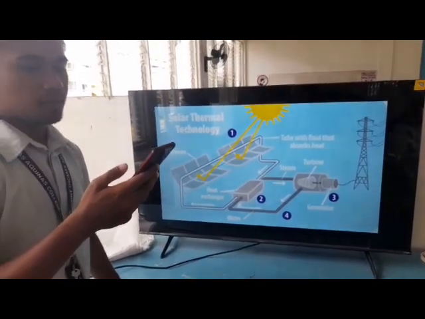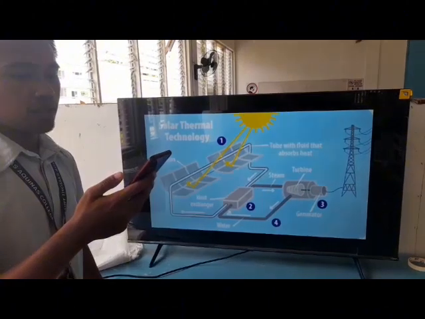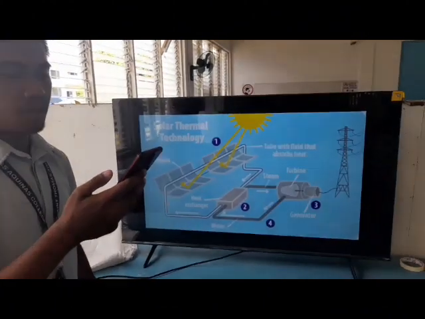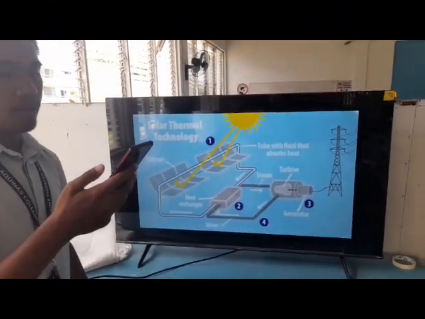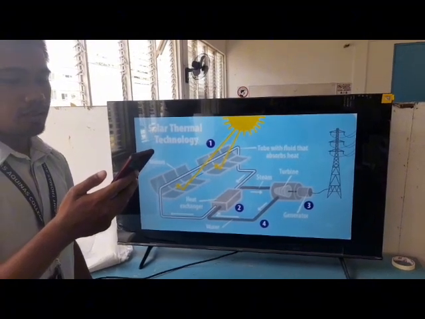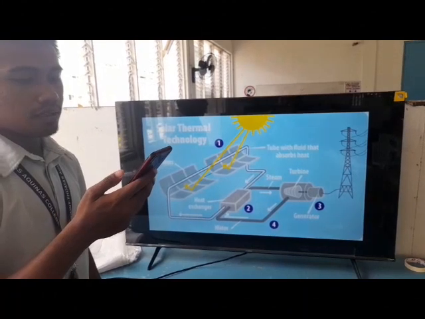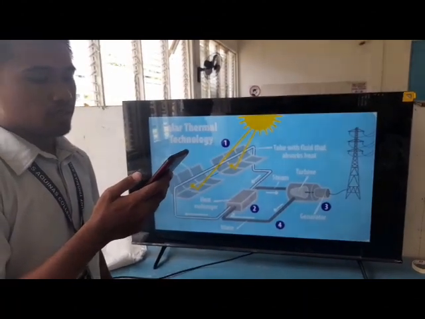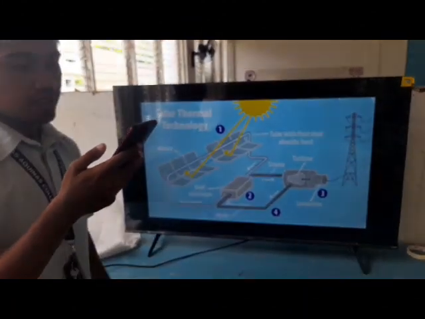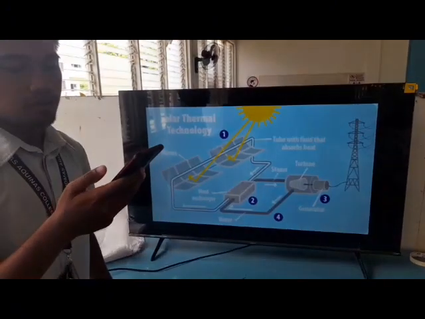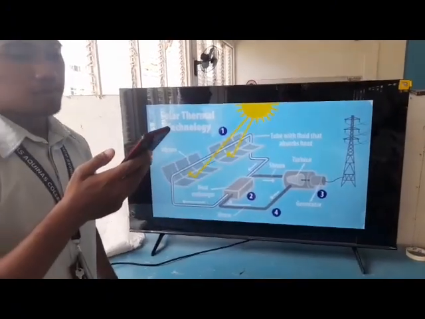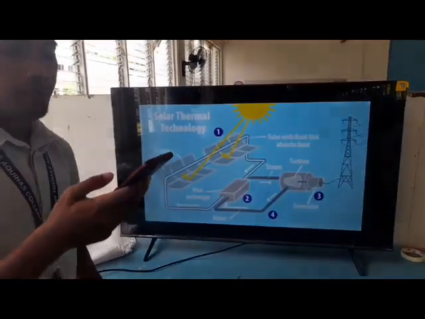There are different types of solar collectors, including parabolic troughs, solar power towers, and parabolic dishes, each with a specific design for concentrating sunlight into a receiver. The receiver is the component where the concentrated sunlight is focused to absorb solar energy and convert it to heat.